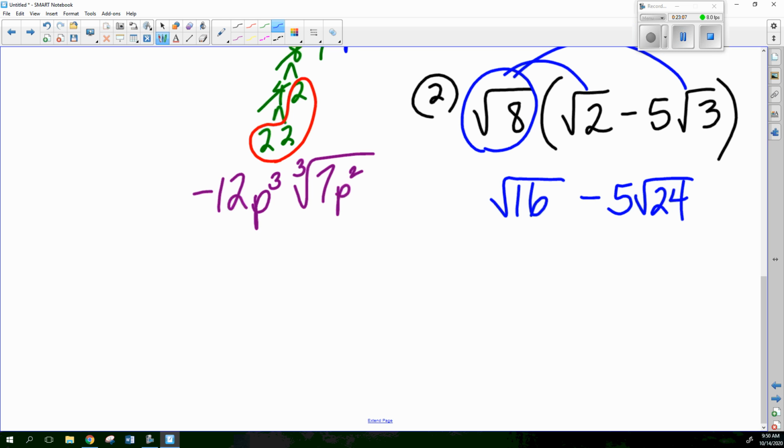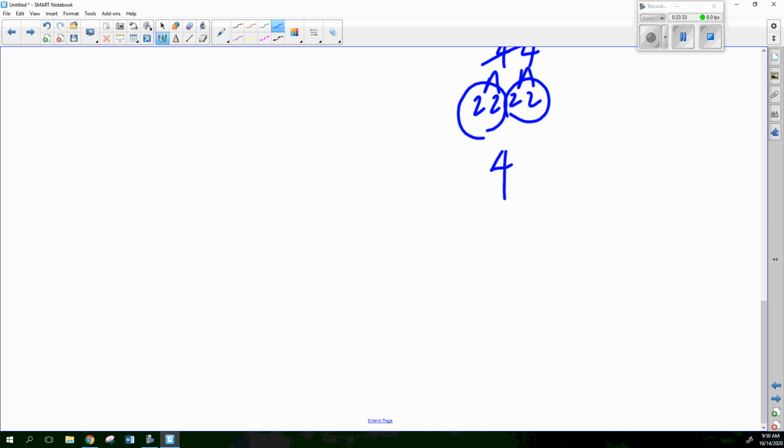Okay? With no radical left over. If I go all the way to the ends, I have 2 sets of 2's. So I take out 2 times 2, but there's nothing left over. So it's literally just 4. All right, what do I do with the 5 square root of 24?